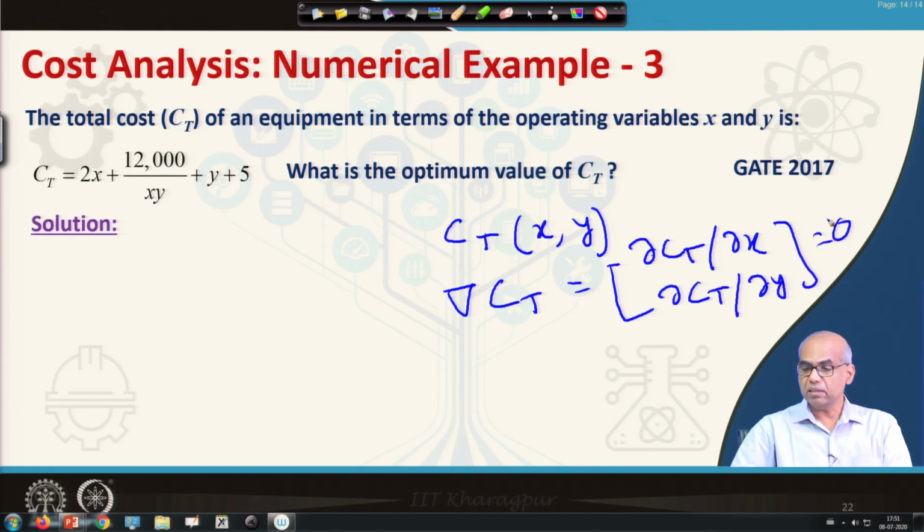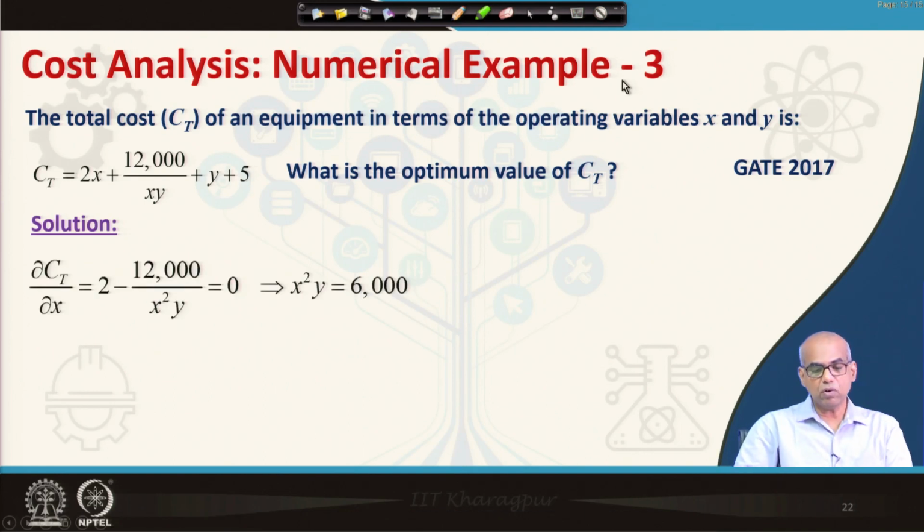By setting this equal to 0, you will get two equations. You have to solve these two equations to get x and y, which will give you the optimal value of Ct when you put these values of x and y into this expression for Ct.